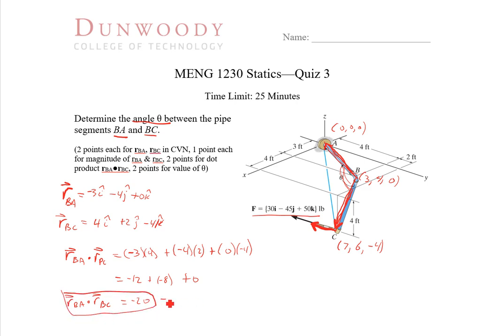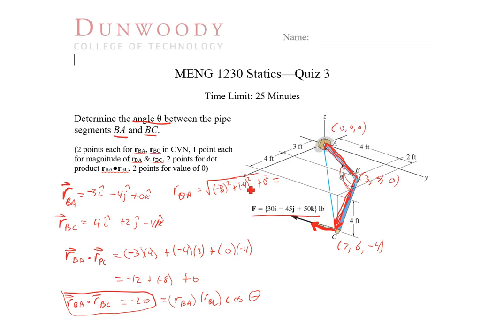We're going to use that. It's going to be equal to the magnitude of RBA times the magnitude of RBC times cosine of theta. So now we need to go back up here. Our magnitude RBA is going to be the square root of negative 3 squared plus negative 4 squared plus 0 squared.